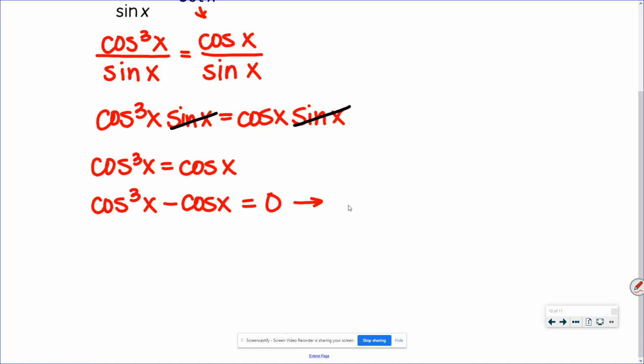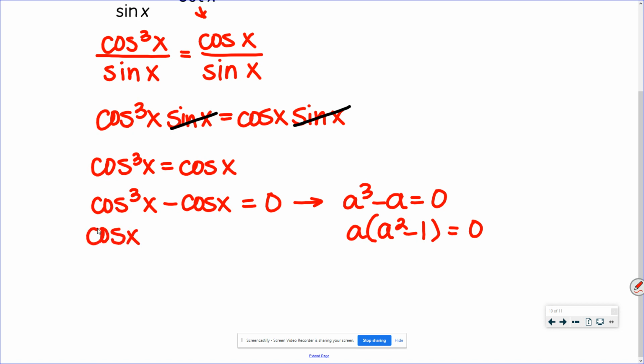Keep in mind, this is kind of like if you had a to the third minus a equals 0. You could factor an a out of each term. Do you see where I'm going with this? So that's what I'm going to be doing here with the cosines. I'm going to factor a cosine out of each term. And actually, you know what?